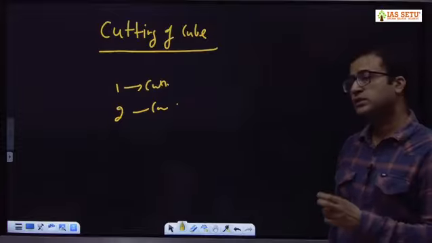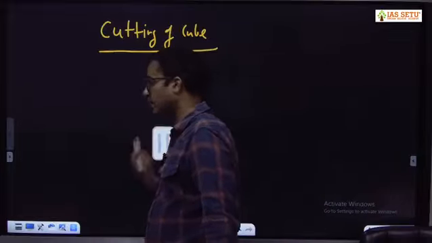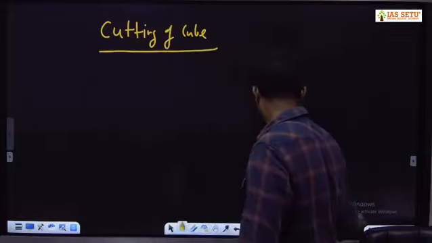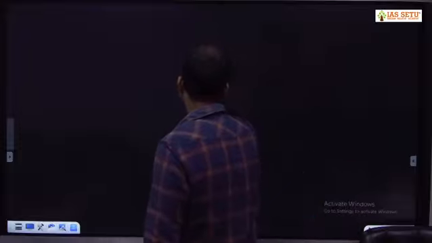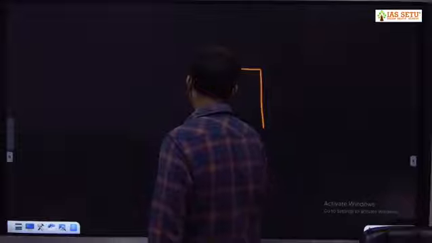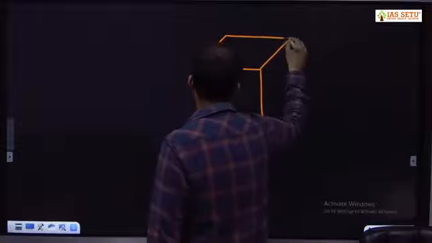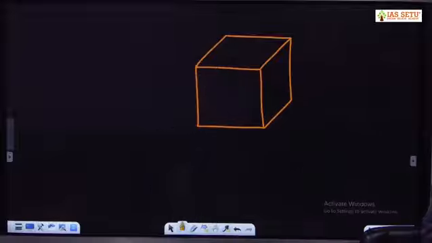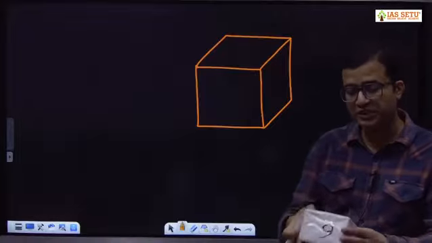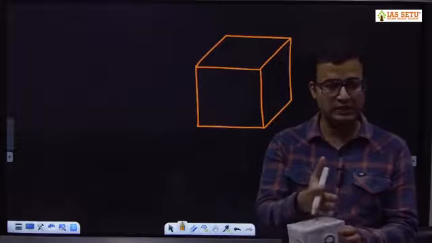So I take this topic cutting of cube in detail. Now what is important here? We take one cube. Cut in this topic means a straight cut. Not a diagonal cut, straight cut.